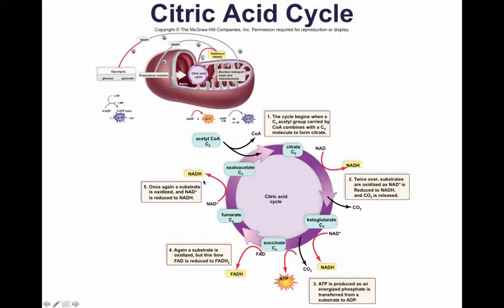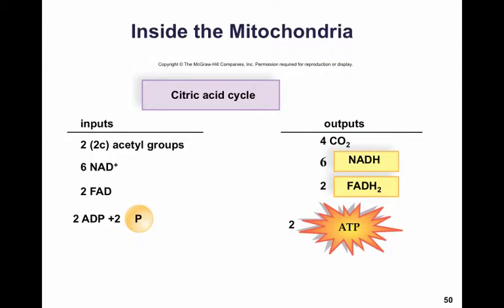And when fumarate is oxidized to oxaloacetate, NAD is reduced to NADH. So we have 3 instances of NADH being made, 1 instance of FADH2 made, an ATP made, and 2 carbon dioxides for each turn of the citric acid cycle.